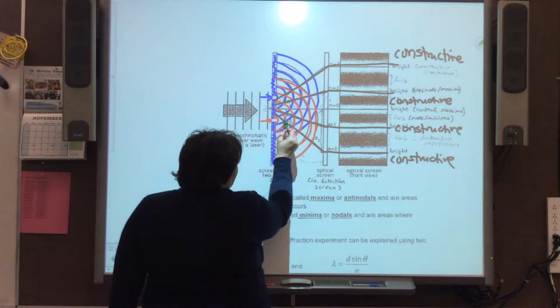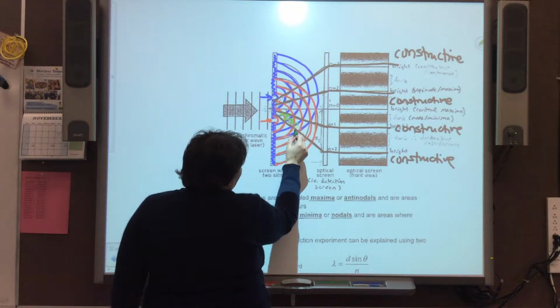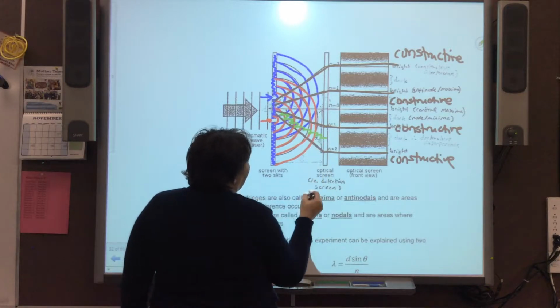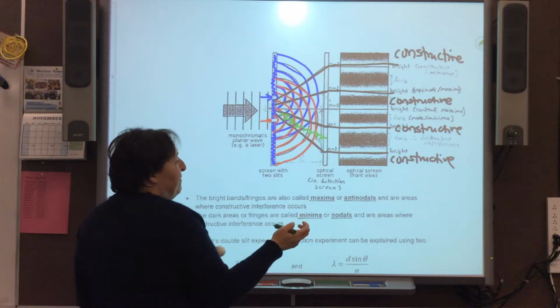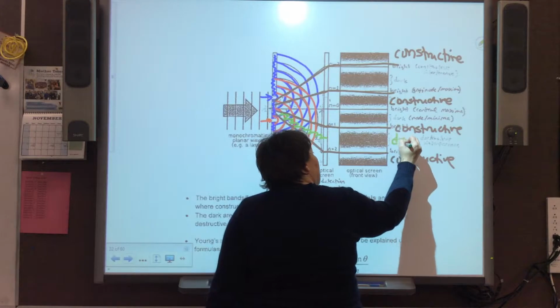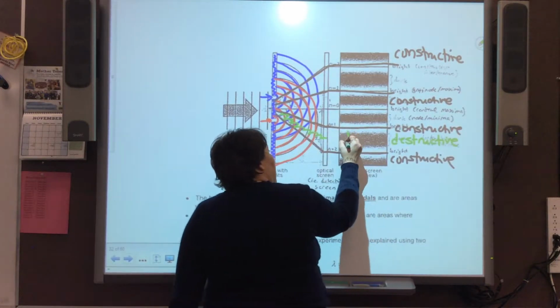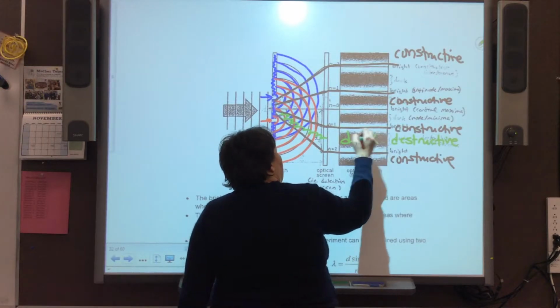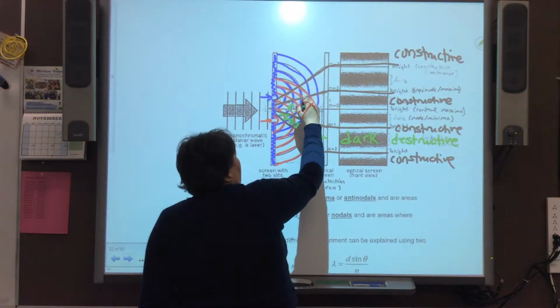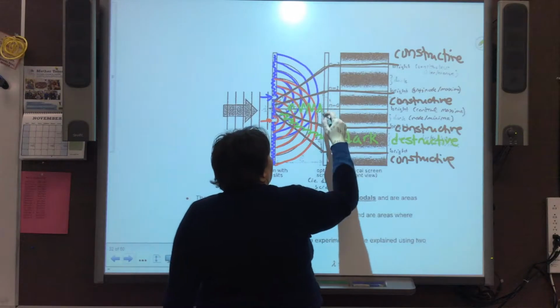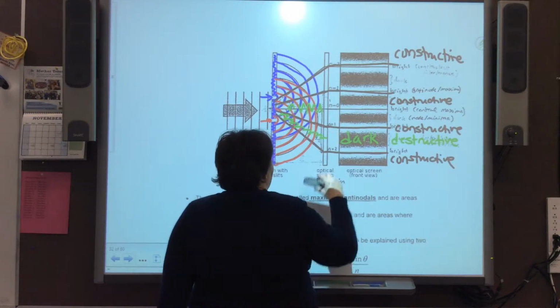Where we see this area here, the waves are out of sync, they're out of phase, and so we have destructive interference. We have these dark bands. Again here, the waves aren't in sync. Whoops, my bad.